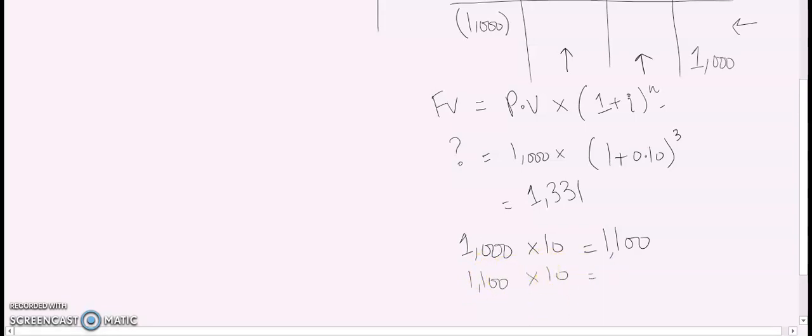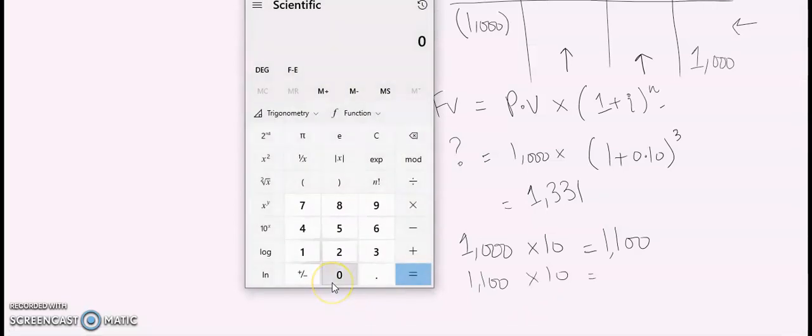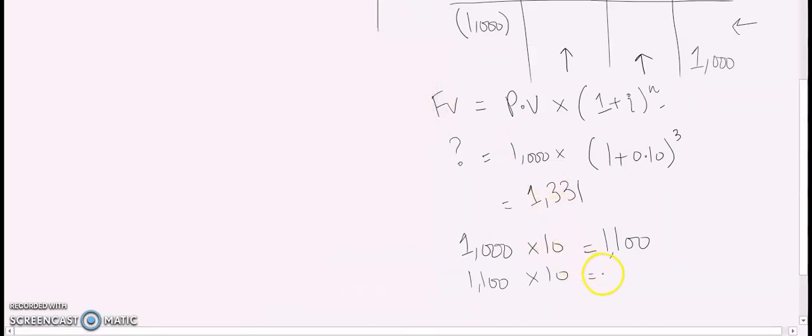1100 into 10%, you get 1210. Now you invest this again at 10%, obviously using the sign of percentage.